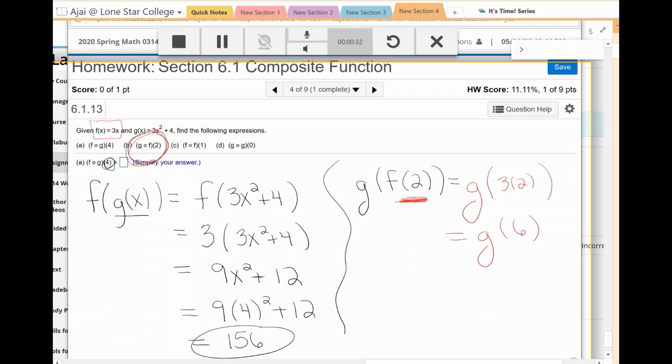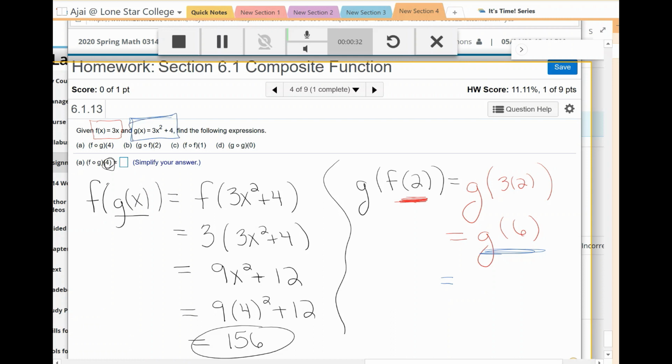Okay? So now they're asking you to find g of 6. And what does that mean? G of 6, if you say it in sentence form, means go to the g function, and wherever you see x, you put a 6. So your g function is right here.